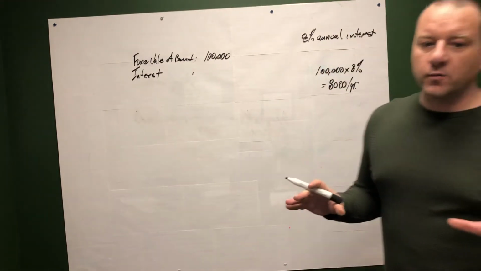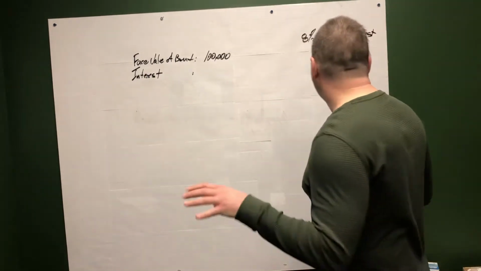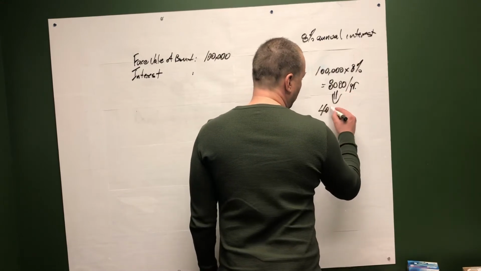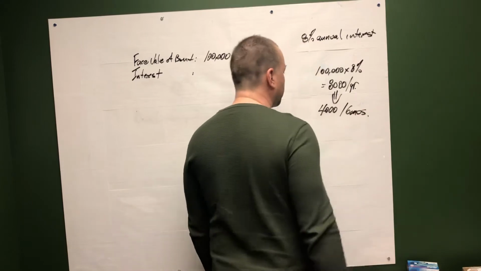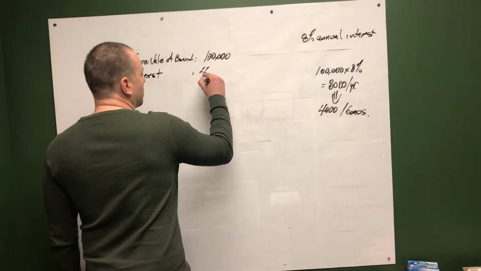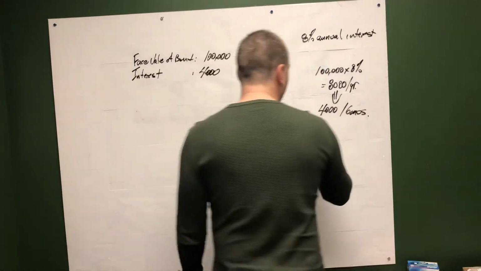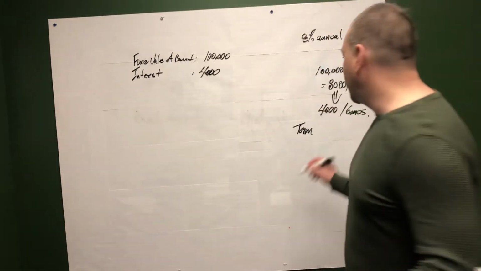But you gotta remember, the interest is payable semi-annually. So we're actually going to get $4,000 every 6 months. So our interest payments are going to be $4,000. What's the term of that bond? Well, the term of that bond is 3 years.